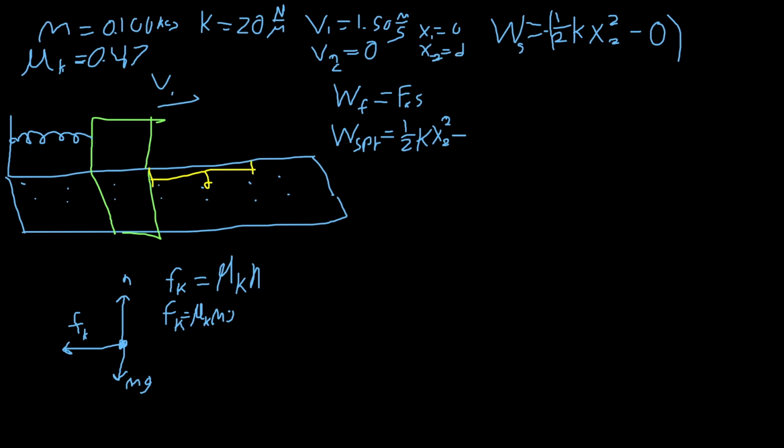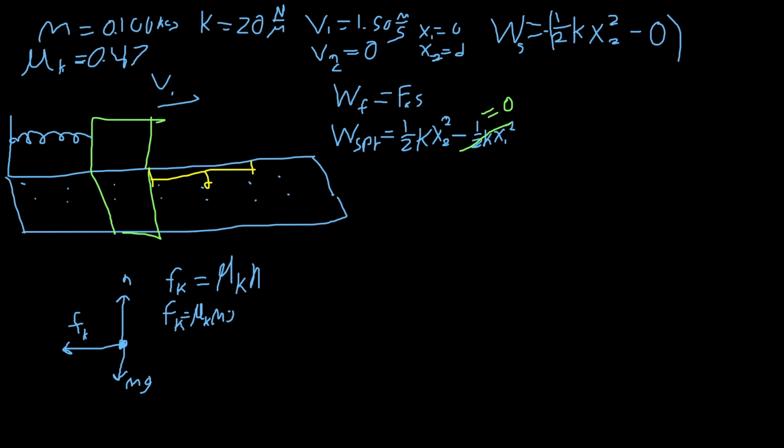So that's what we're trying to find. We know that this work of the spring is always opposite in direction, so imagine the signs are flipped here. One over two k x1, which is 0, equals 0.